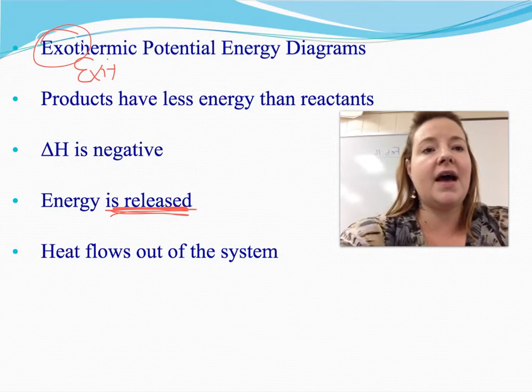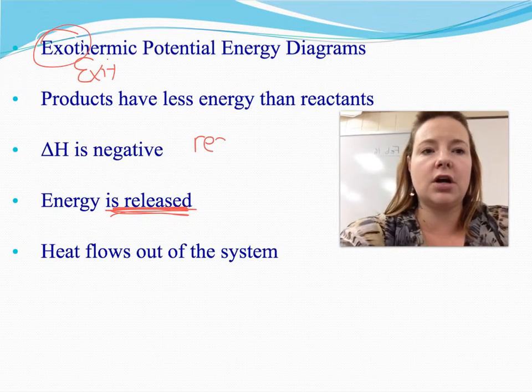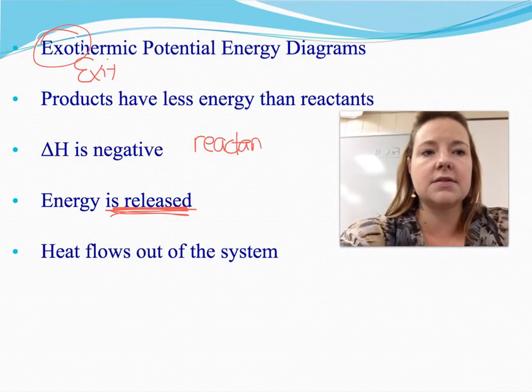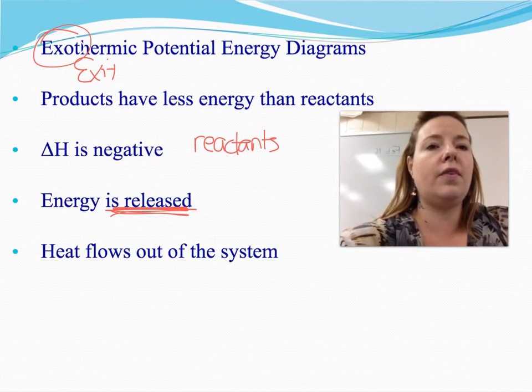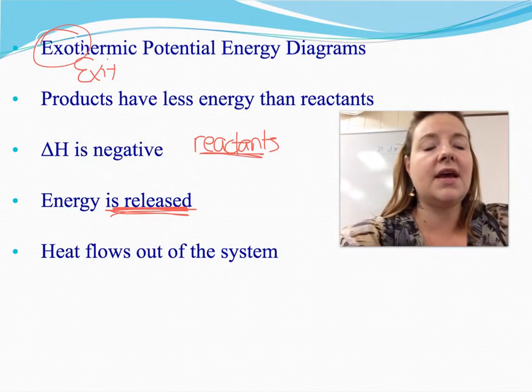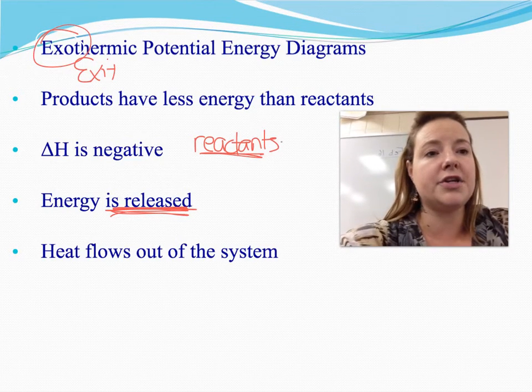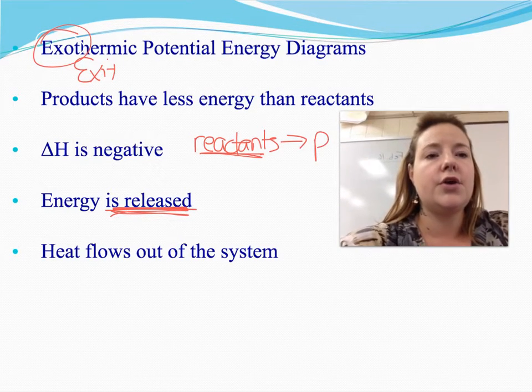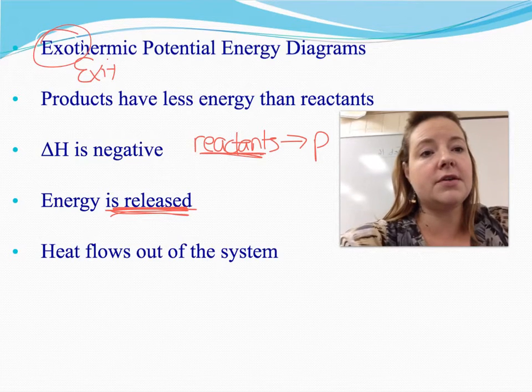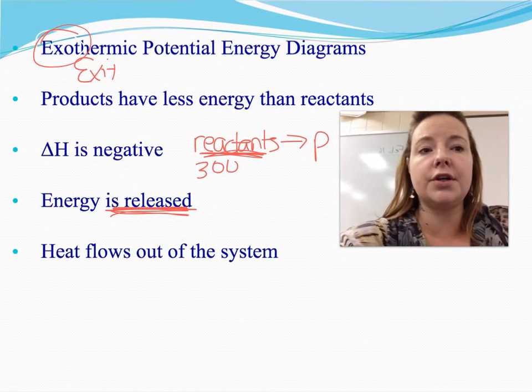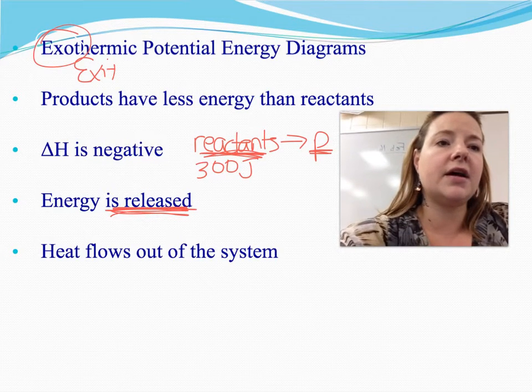So if I have material going in, which are the reactants, that is what goes in. That's going to have more energy than the products do. So let's say that we start with material that has 300 joules of energy. But then we find that our products only have 200 joules of energy.